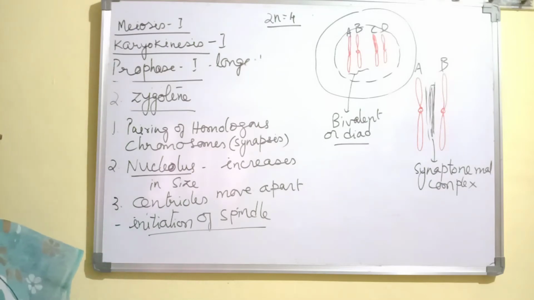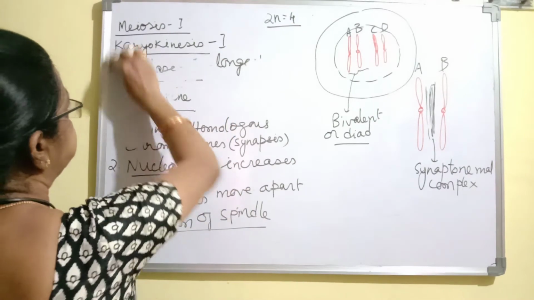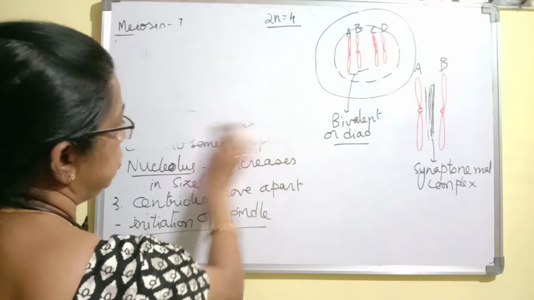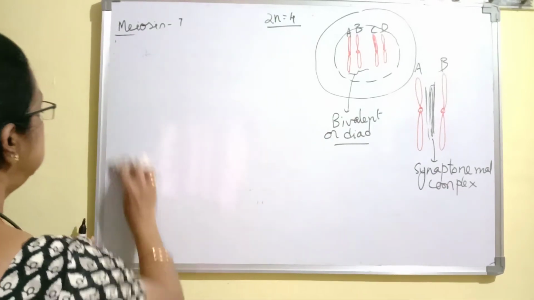Now there are 3 types of synapsis taking place, which is the pairing of homologous chromosomes.